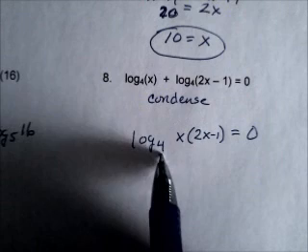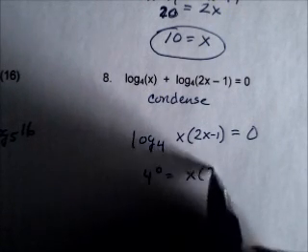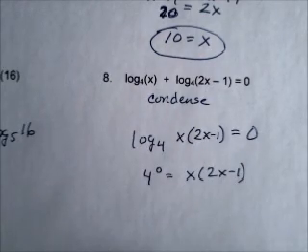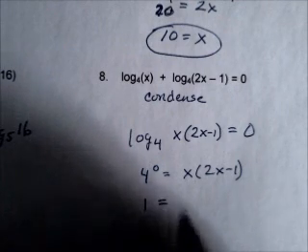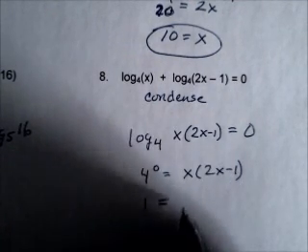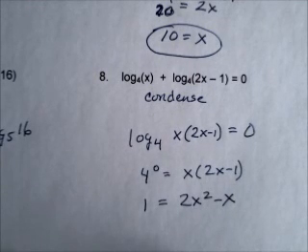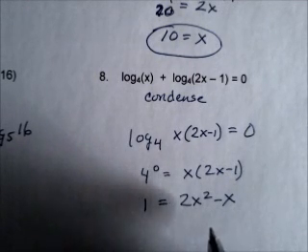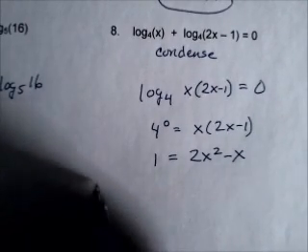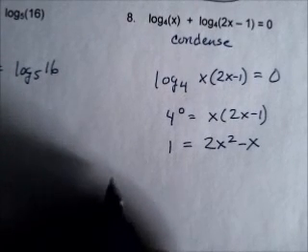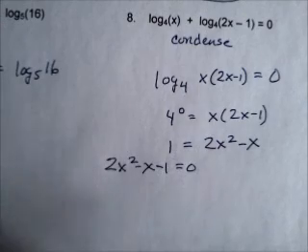So base is 4, exponent 0 equals x times 2x minus 1. Well, 4 to the 0 is 1. So 1 equals, and we'll distribute here, 2x squared minus x. It's quadratic, so we need to put it in standard form. I'll subtract 1 from both sides, give myself a little more room. 2x squared minus x minus 1 equals 0.